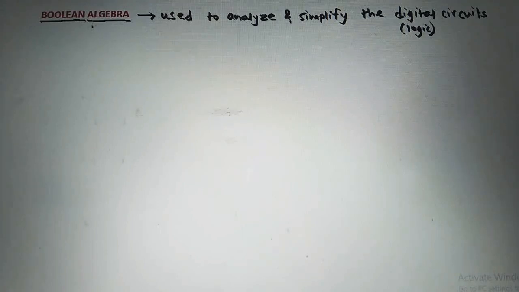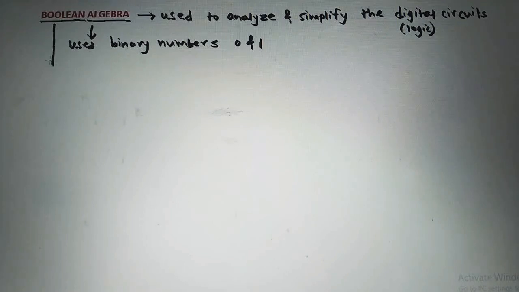Boolean algebra always uses binary numbers, and those binary numbers are 0 and 1. Because of that, Boolean algebra is also called binary algebra, or logical algebra.